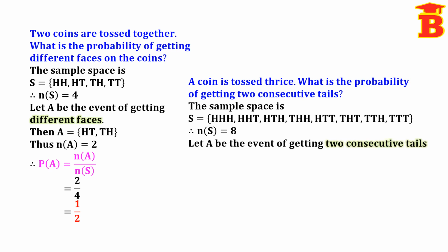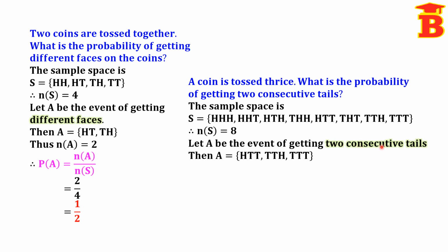Let A be the event of getting 2 consecutive tails. So whatever the question, you take it as the event A. Here the question is, find the probability of getting 2 consecutive tails. So 2 consecutive tails, take it as an event A. Therefore A equal to HTT, TTH, TTT.